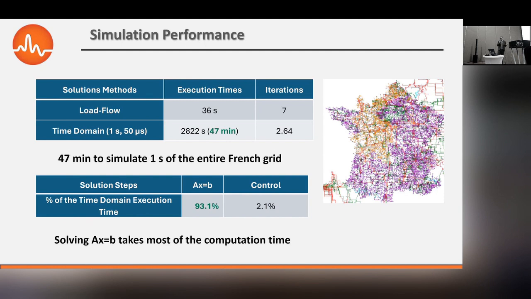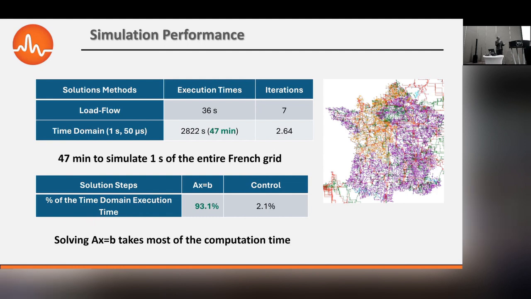First, the load flow is quite fast in terms of iterations: 7 iterations to converge. The execution time is not so high. And for the time domain simulation, we do 1 second with 50 microsecond steps, and in total, 1 second takes 47 minutes. So it's not so huge.